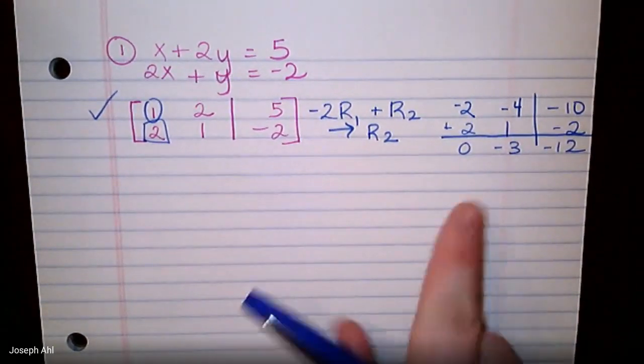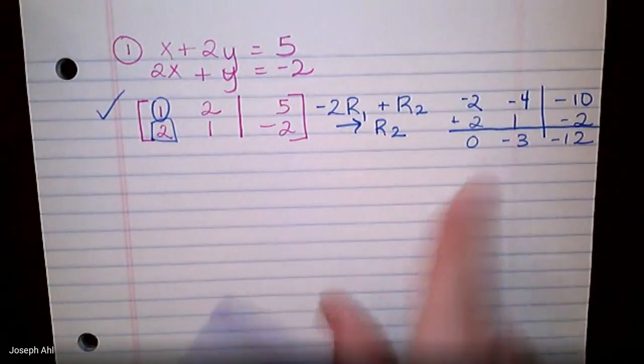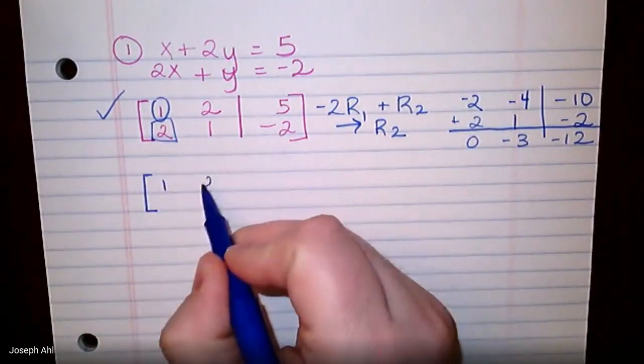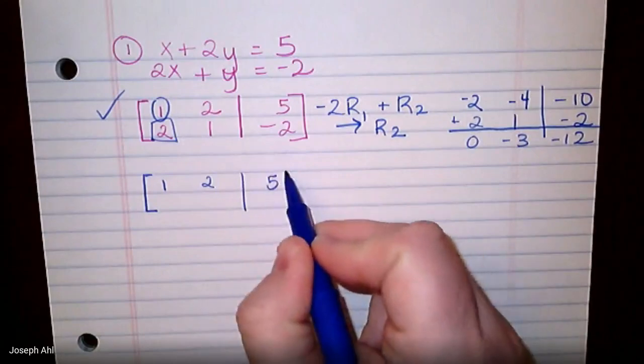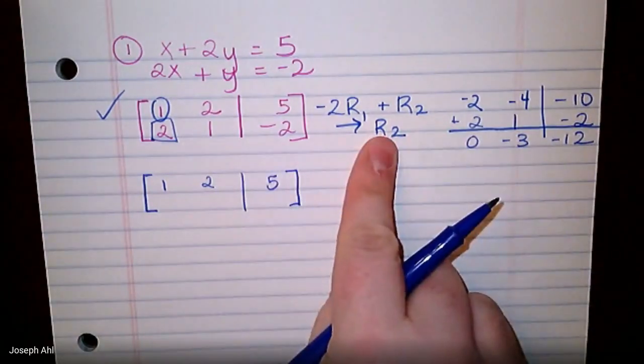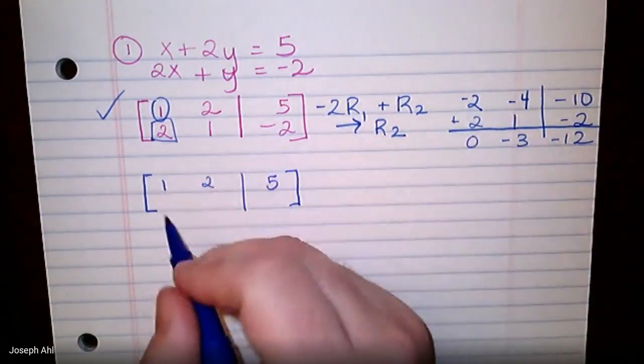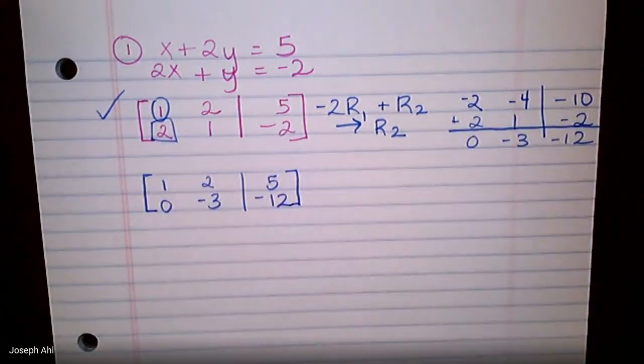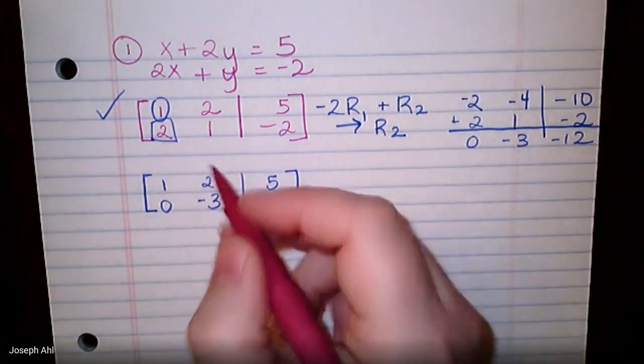Okay, so now that we have that result, that's what row 2 is going to look like. So create another matrix where row 1 is the same exact thing, but my new row 2, after that operation, is 0, -3, -12. Okay, so we've just made a 0 in the location we wanted.